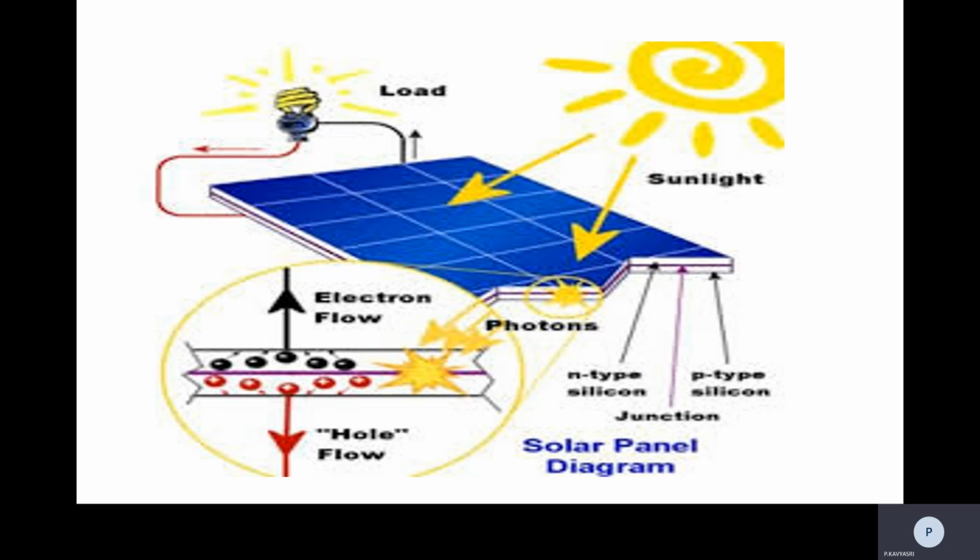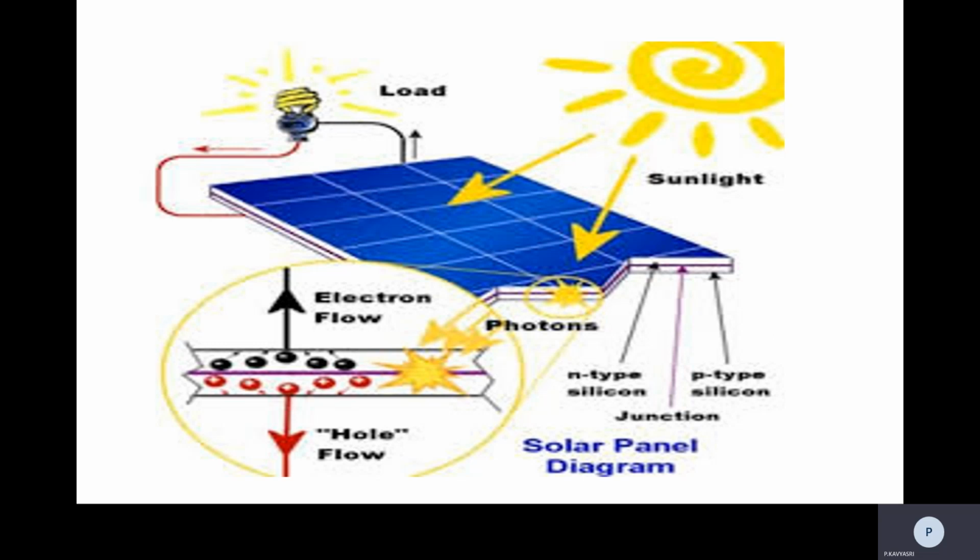I repeat again, this solar cell has three layers: an n-type layer, a p-type layer, and in between, the depletion region. The layer exposed to the sun should be thin, and the layer at the backside should be very thick. Whenever light falls on it, the depletion region, which contains very little charge, consists of neutral atoms.